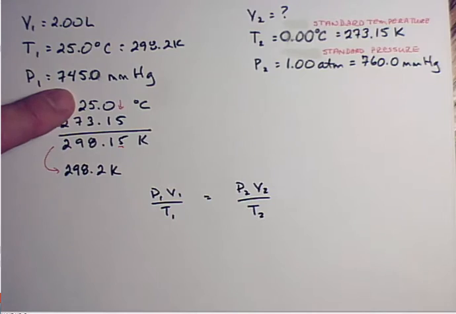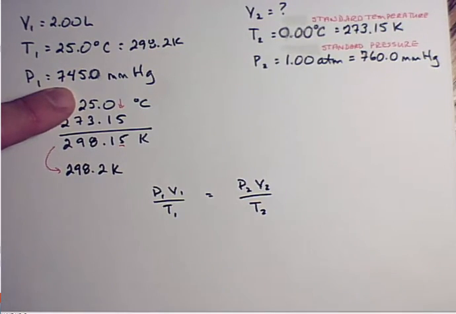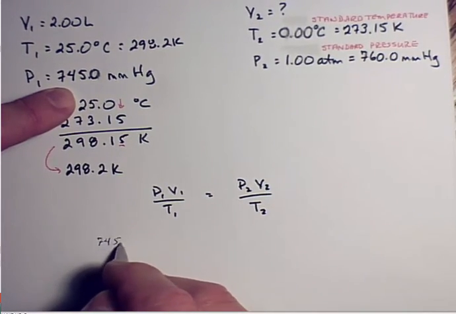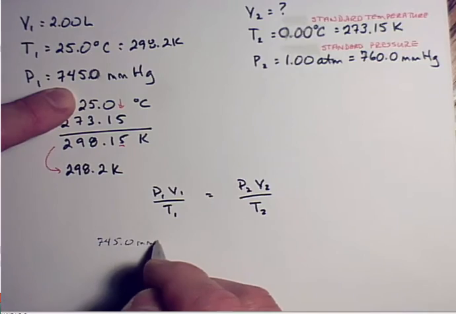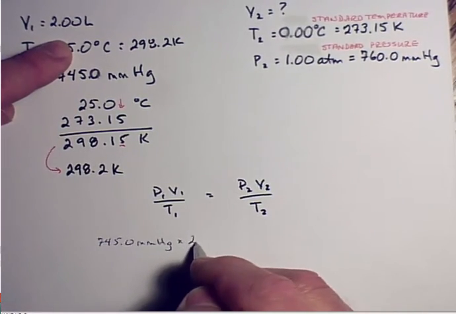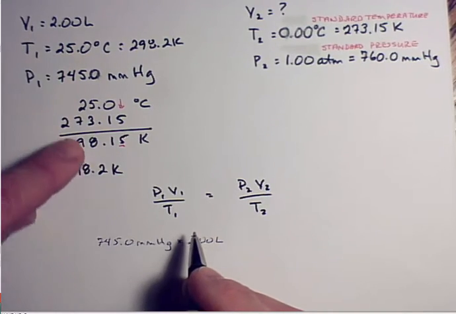Well, we know pressure 1. In fact, I'm going to use a pen to make it a little bit smaller so I have some room to do things. 745.0 millimeters of mercury. We know V1, it's 2.00 liters.